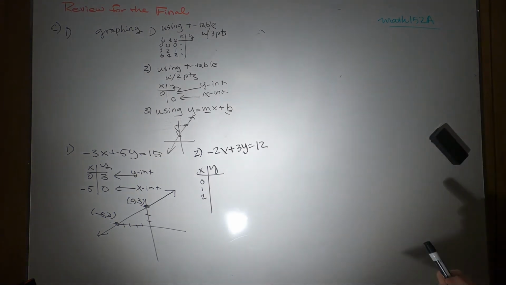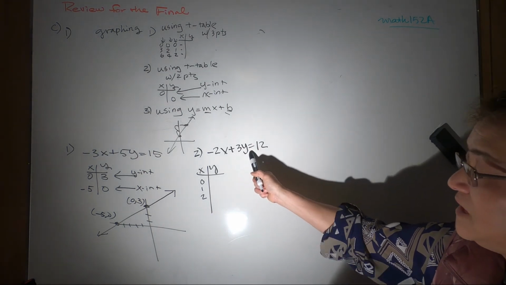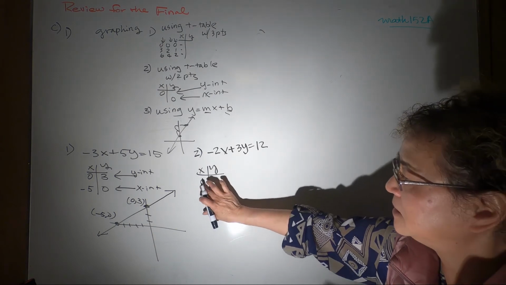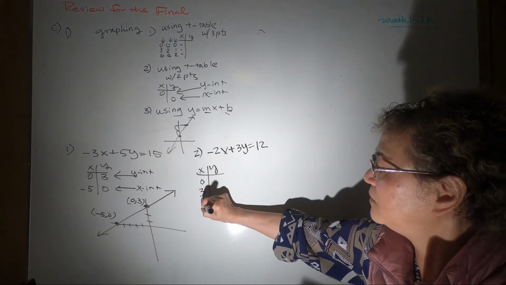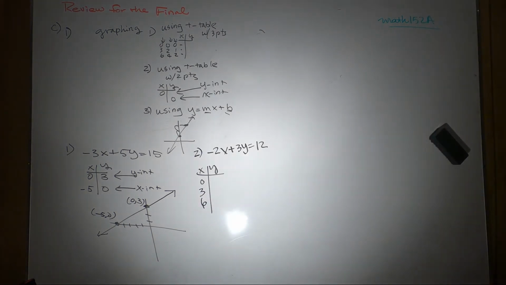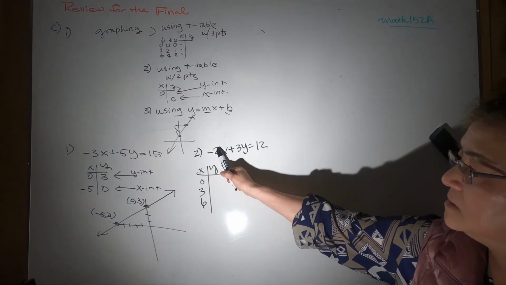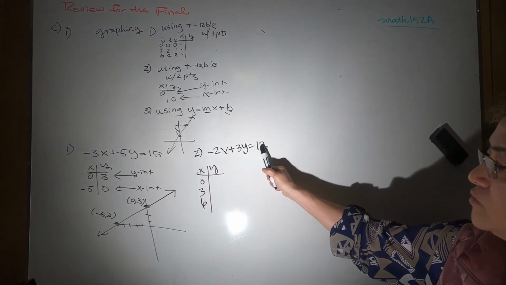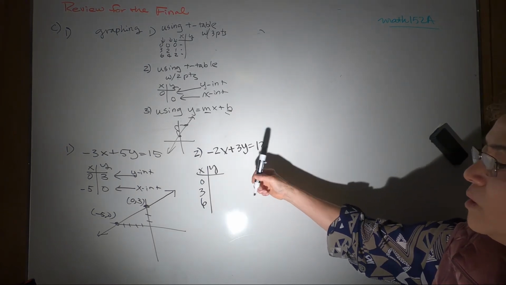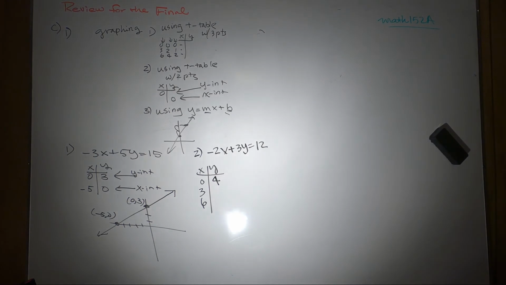Since y has a multiple of 3, you want to divide by 3. So x had better be a multiple of 3. Okay, it will work better. So x is 0, 3y equals 12. So y is 12 divided by 3. That would be 4, right?